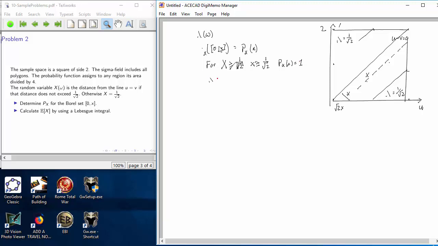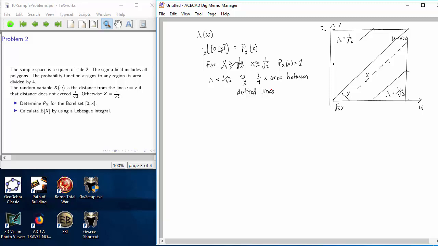If, on the other hand, x is less than 1 over root 2, then the probability that capital X has a value less than or equal to that little x is 1/4 times the area between the two dotted lines I'm about to draw, for which the distance is little x. One of them is already drawn.